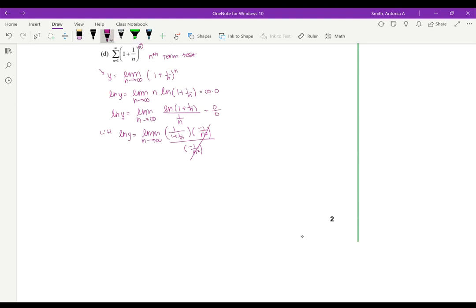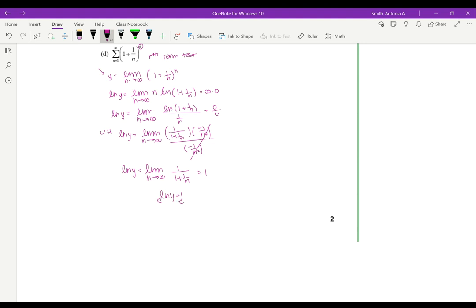So then I have the natural log of y equals the limit as n approaches infinity of just 1 over 1 plus 1 over n, which if I plug in infinity now, that makes this a 0, which is 1 plus 0 is 1. This is just 1. So the natural log of y equals 1.